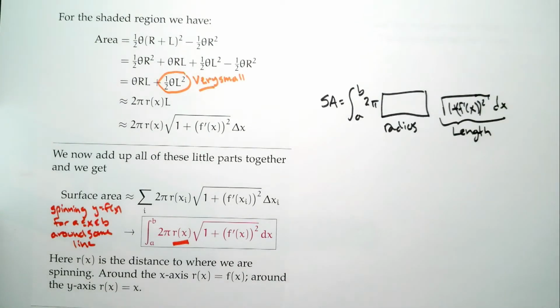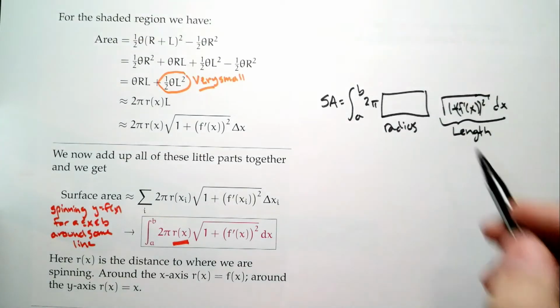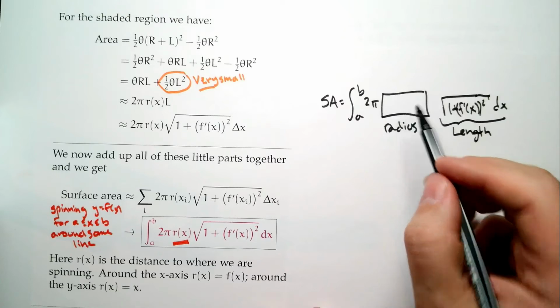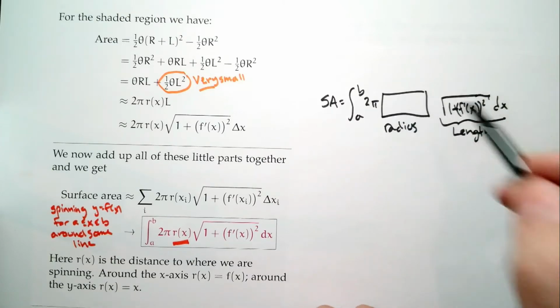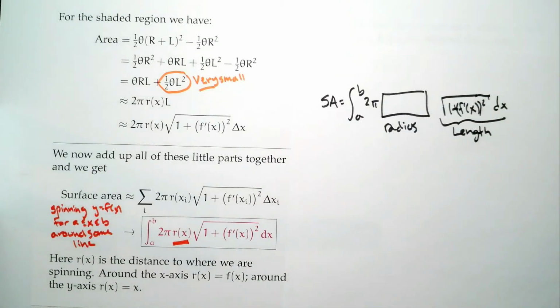And the tricky part is always to think about the following question. What's in the box? What's in the box? Because that varies. And how do you figure it out? The answer is you draw a picture.